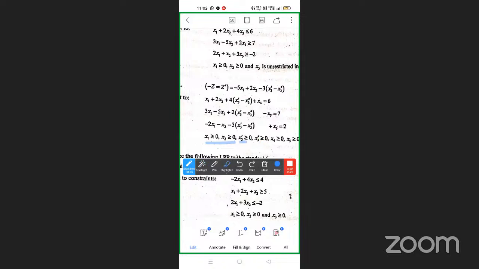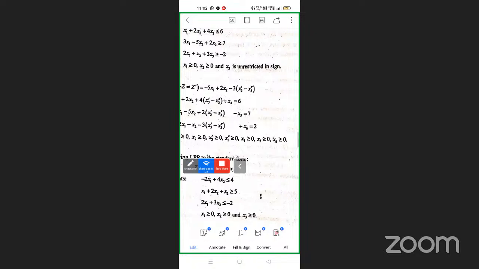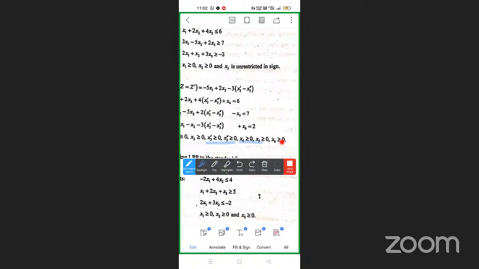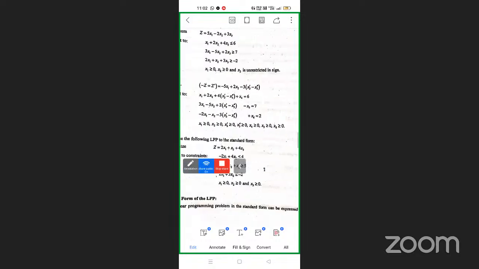Next, the added variables x4, x5, x6 are also greater than or equal to 0. So these are the declaration of variables, and this is the standard form of the LPP. So next, another example is there.